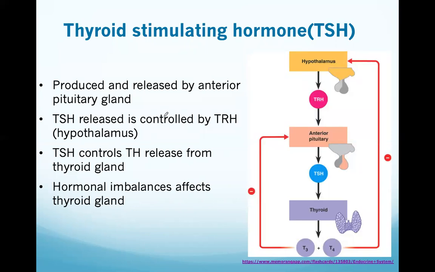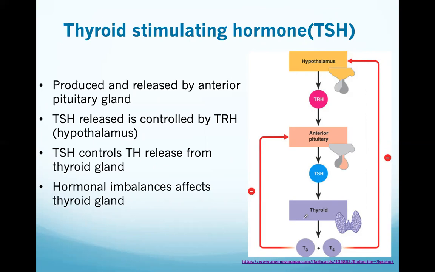Thyroid stimulating hormone is another hormone released from the anterior pituitary gland. So you have your hypothalamus releasing the thyroid releasing hormone for your anterior pituitary gland. When the anterior pituitary gland notices the high levels of TRH, you're going to have an increase in your TSH.